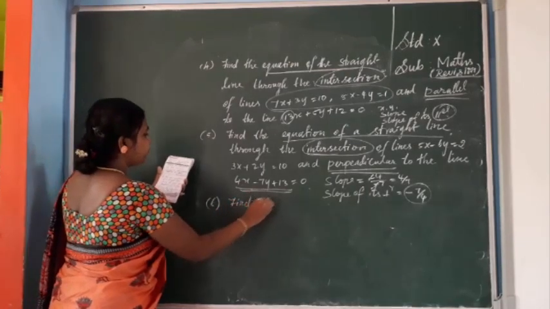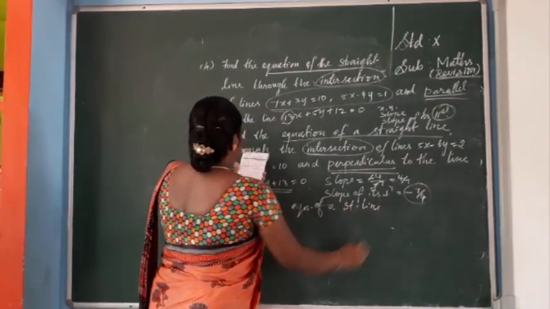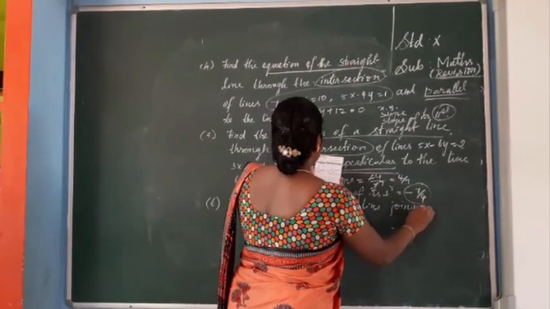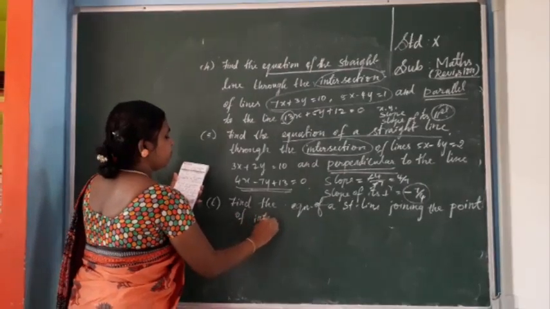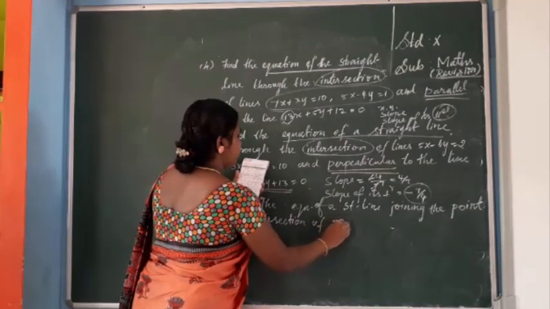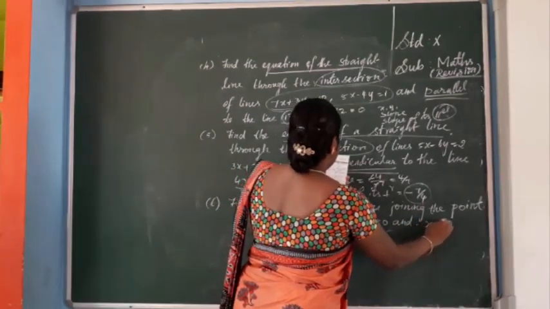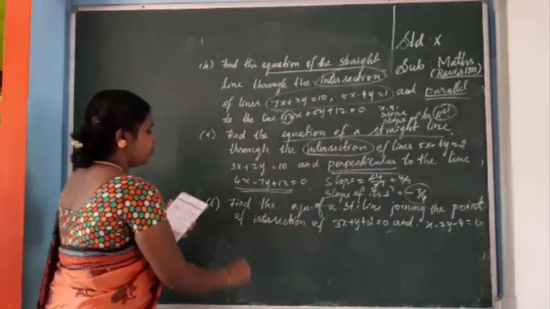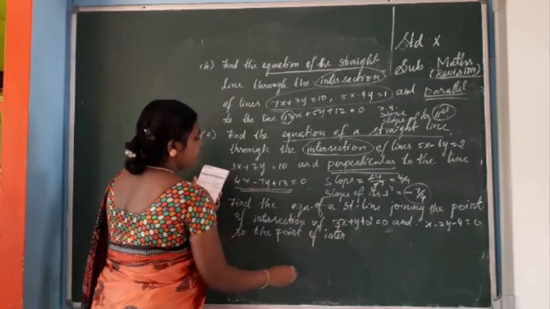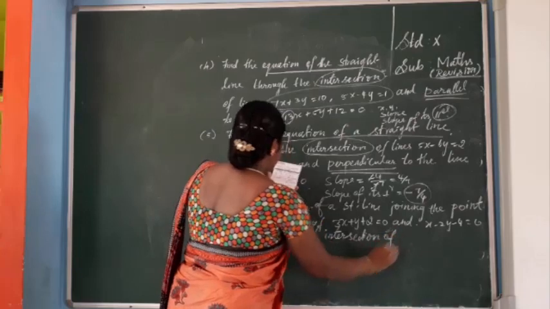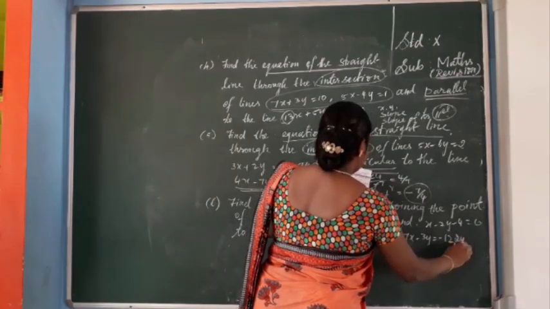Find the equation of a straight line joining the point of intersection of 3x plus y plus 2 equals 0 and x minus 2y minus 4 equals 0, and the point of intersection of 7x minus 3y equals minus 12 and 2y equals x plus 3.